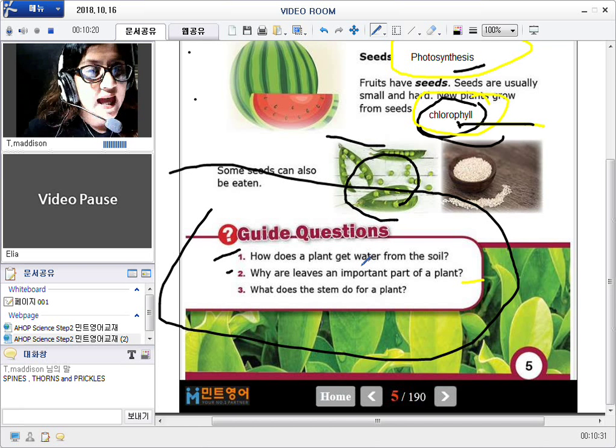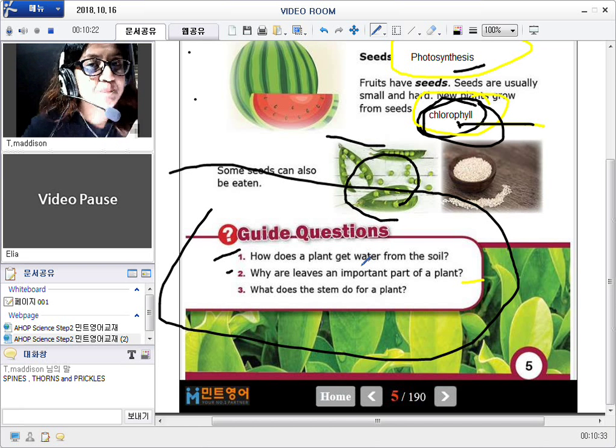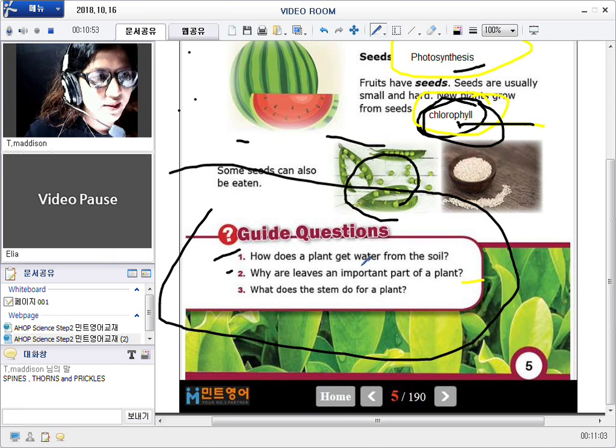And chlorophyll is densely present in leaves, which is why leaves absorb more of the sunlight and can convert it better into food and oxygen. So the importance of leaves is that among all the other parts of the plant, the leaves absorb the sunlight better and are able to create more food and oxygen for the plant.